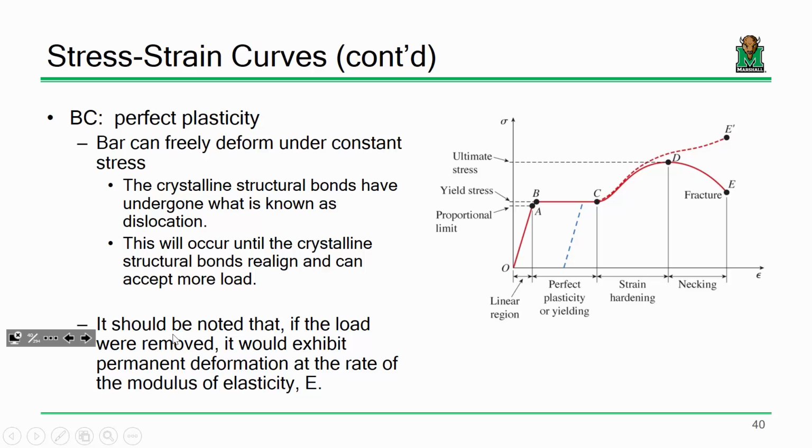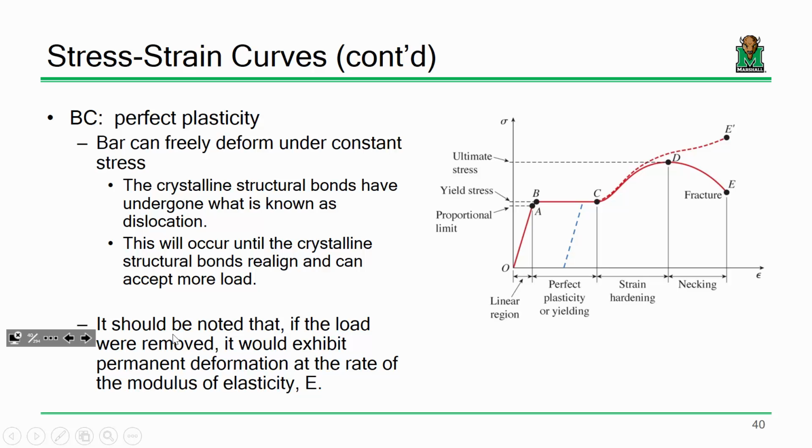So those bonds have broken. Imagine you've got this structure of molecules and alloys held together by all these bonds, and the bonds have broken. What happens then is the specimen's like, whoa, wait, we got to sort of rearrange and shimmy around in order to be able to resist this load. So what's happening is you're applying this load. There's this sort of plateau region where the structure inside that metal is trying to reorganize and rearrange itself in order to figure out, well, if you're going to start applying more load, I got to rearrange myself so that I can safely resist it.